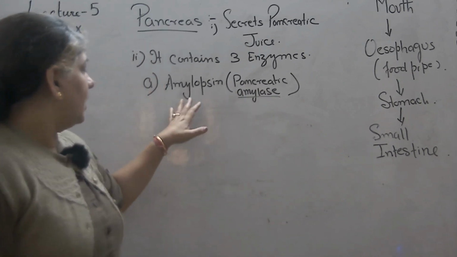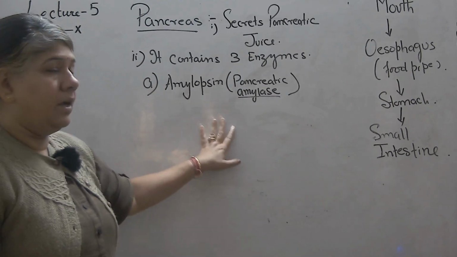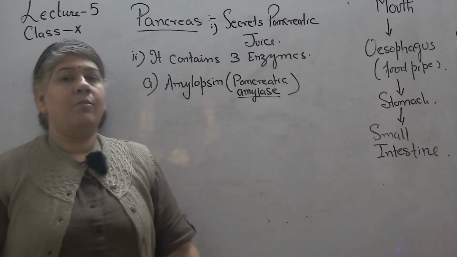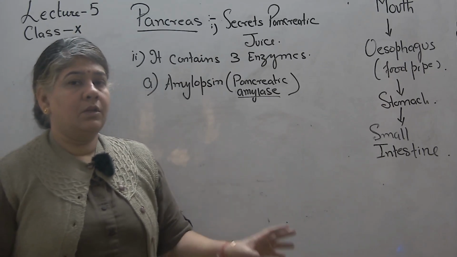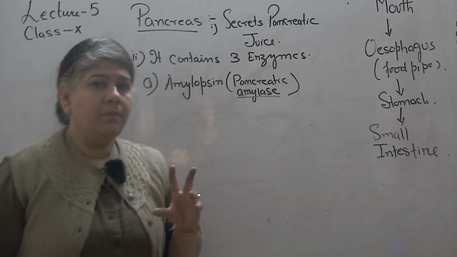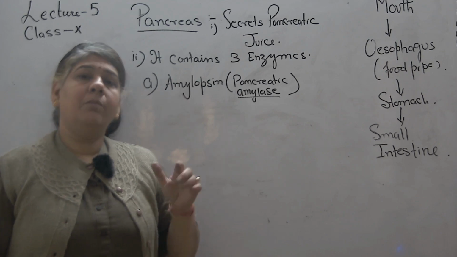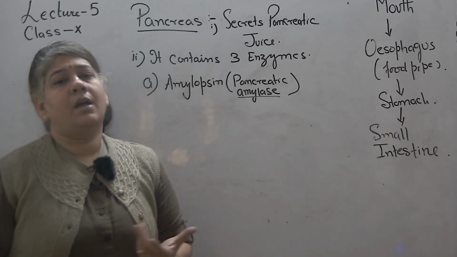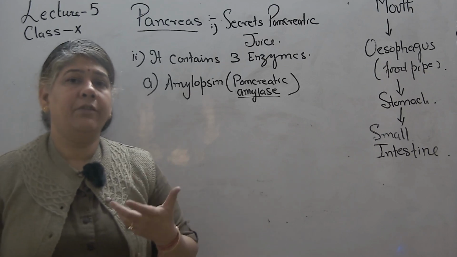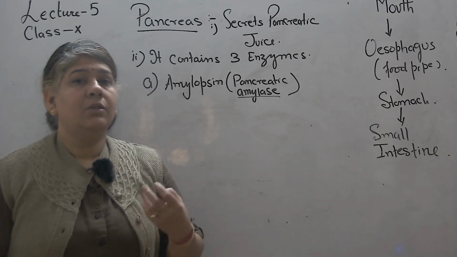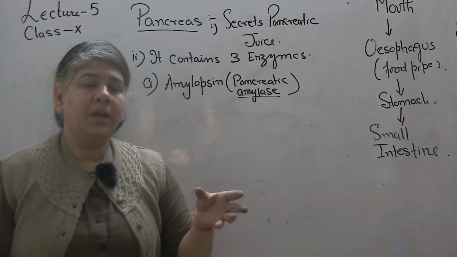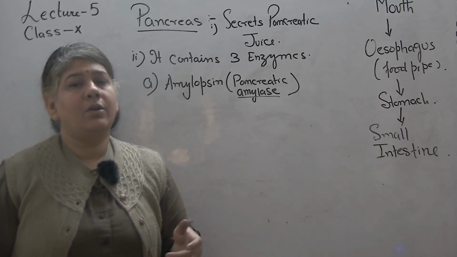So this amylopsin or pancreatic amylase will act on the remaining carbohydrate, because while chewing, saliva gets mixed with the food, carbohydrate is digested, but not the whole of it, because sometimes you chew very fast and swallow, so the enzyme doesn't get enough time to act on food.